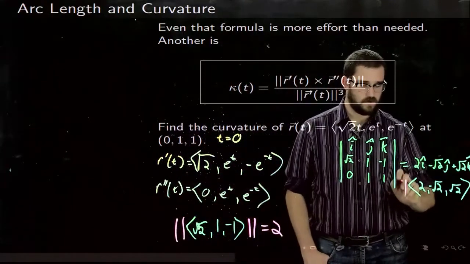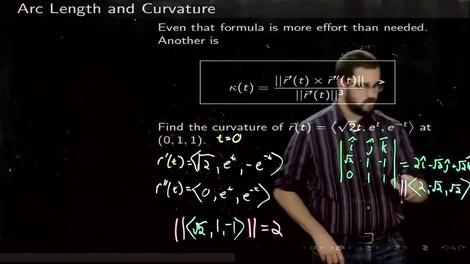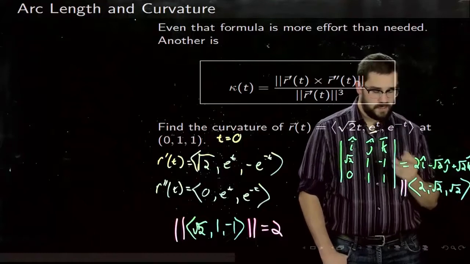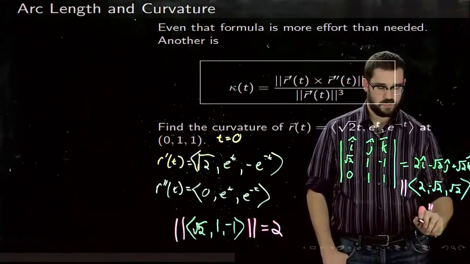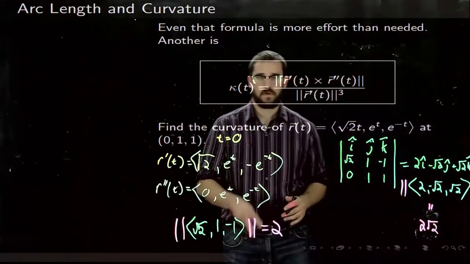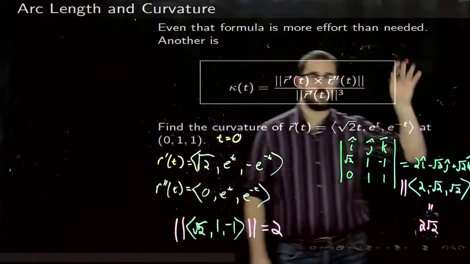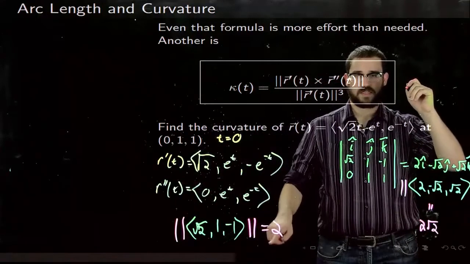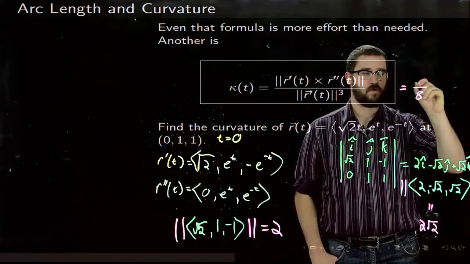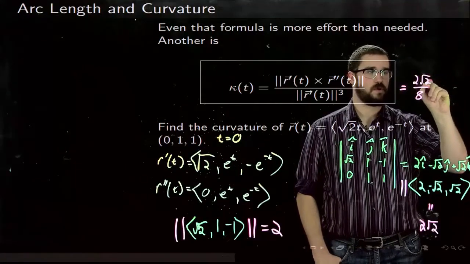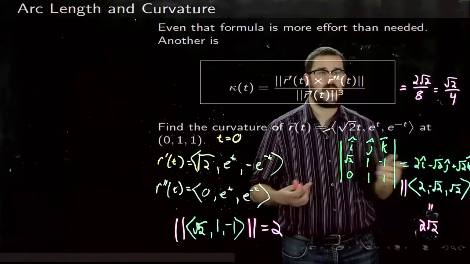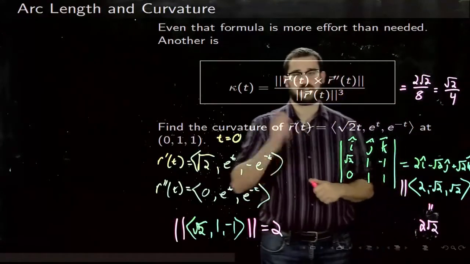What is the magnitude of the cross product vector? We get 4 plus 2 plus 2, so the square root of 8, which is just 2 square root of 2. Now, in order to use our formula, we need to cube the magnitude of r prime, and we get 8 on the bottom over 2 square root of 2, which in other words is square root of 2 over 4. And that will be the curvature at t equals 0.